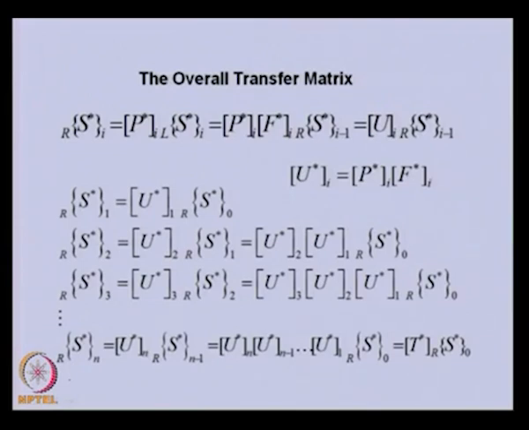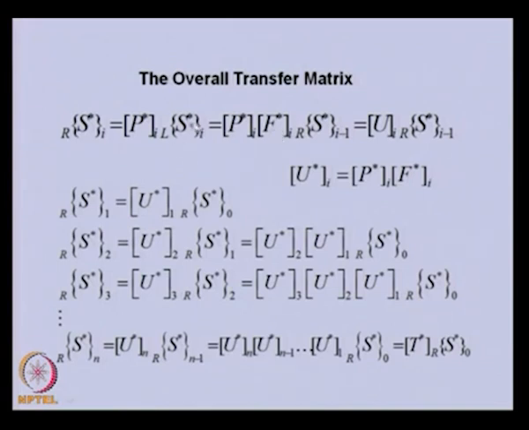So, earlier we derived the point matrix. That was relating the state vector right of the ith disk to the state vector left of the ith disk. Also, we related the state vector left of the ith disk to the right of the (i minus 1)th disk using the field matrix.